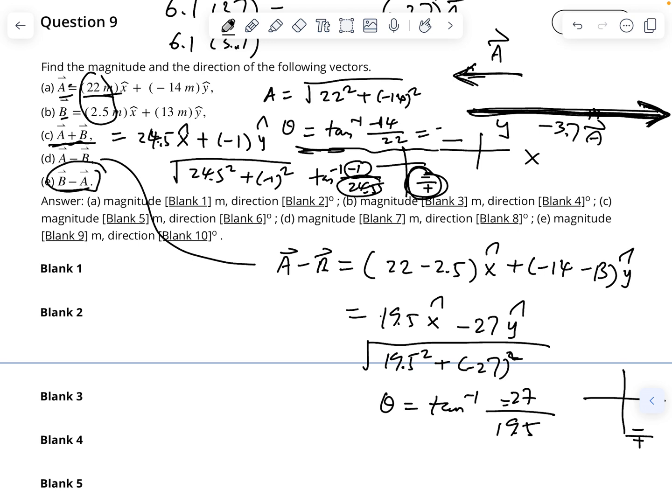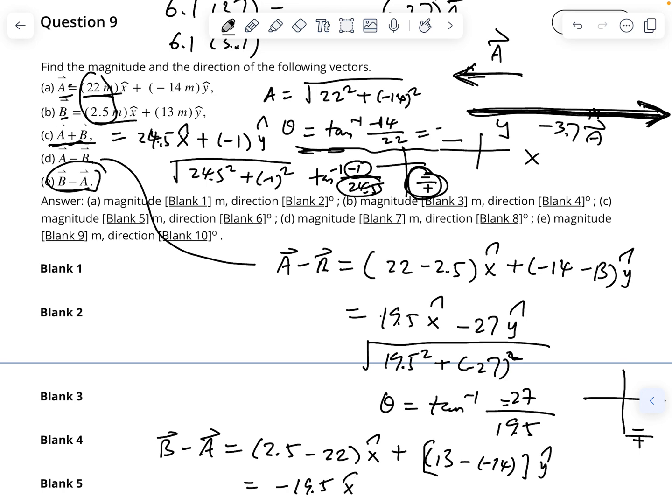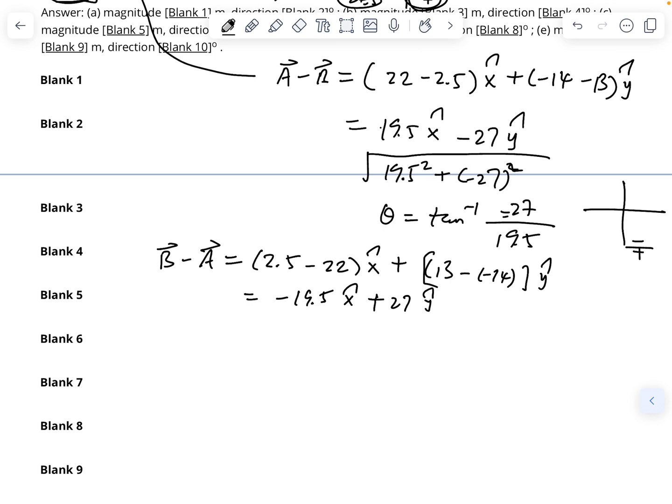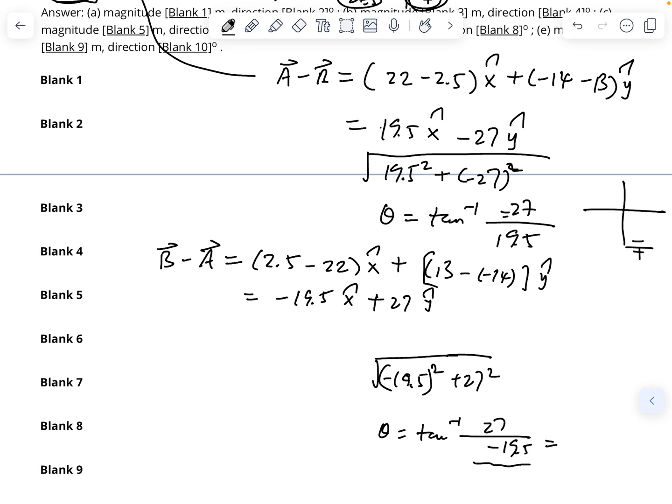All right, let's see what B minus A is. B minus A equals 2.5 minus 22 x plus 13 minus negative 14 y, so negative 19.5 x plus 27 y. Magnitude is the same thing: the square root of negative 19.5 squared plus 27 squared. Direction is the inverse tangent of 27 over negative 19.5, which gives a negative angle.